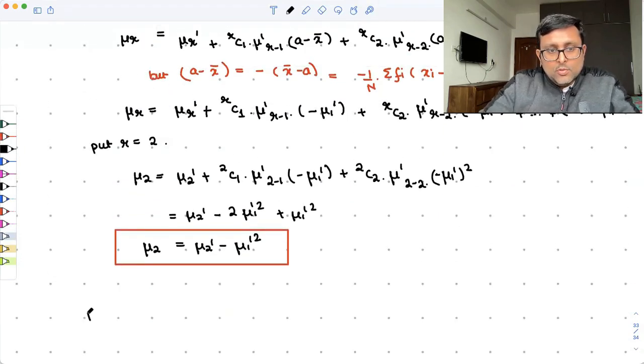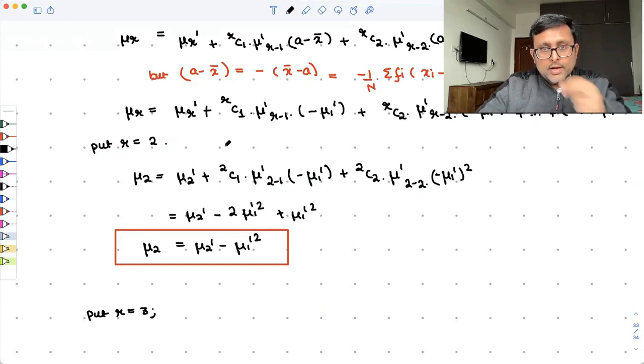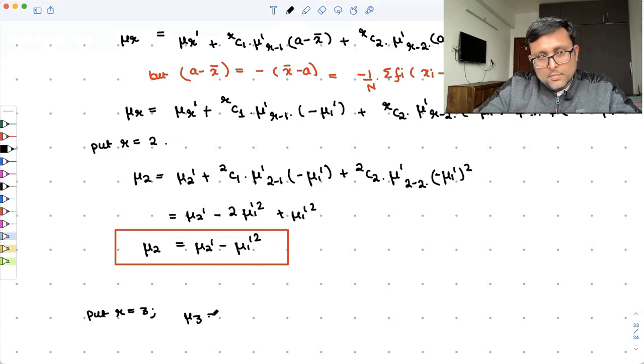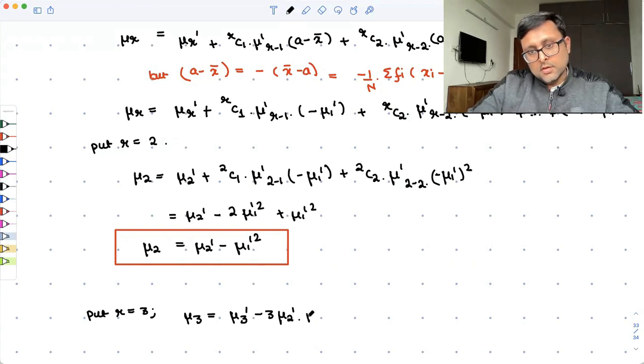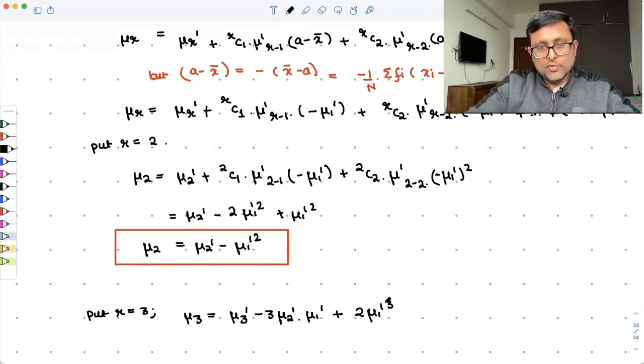You can now put r equals to 3 in this expression, and you will get mu3 as mu3 dash minus 3 mu2 dash mu1 dash plus 2 mu1 dash cube.